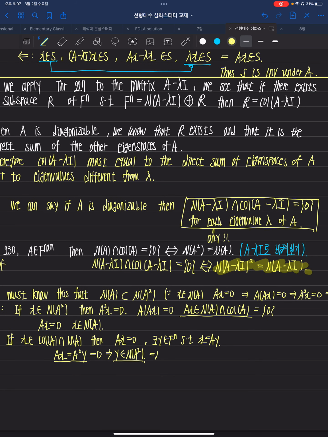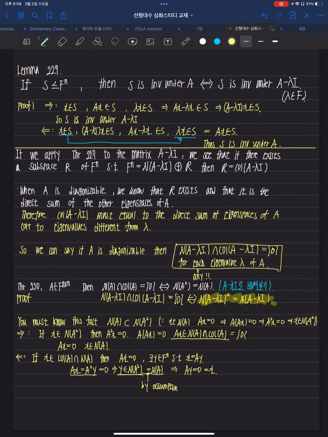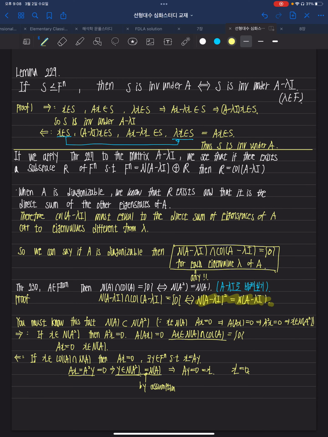By assumption, the null space of A squared equals the null space of A, so AY is 0. AY is X, so X must be 0. QED.